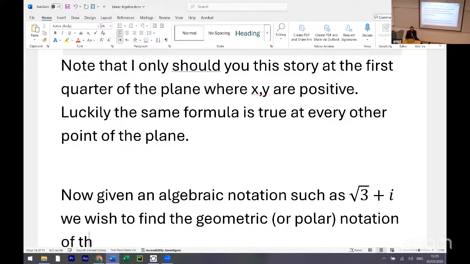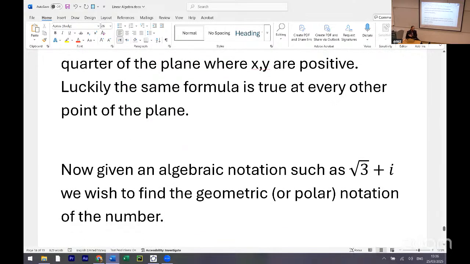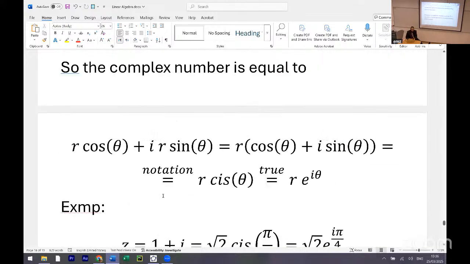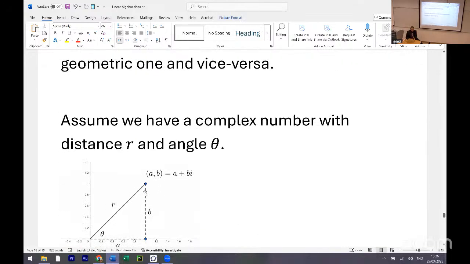So we obviously know the answer because a few seconds ago we started with the geometric one and we moved to the algebraic one, but we want to know how to do it in general, right? So let's get back to this drawing.